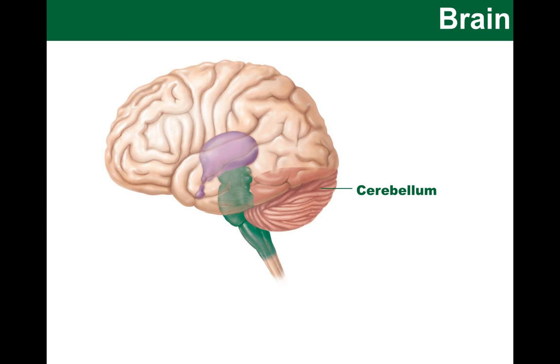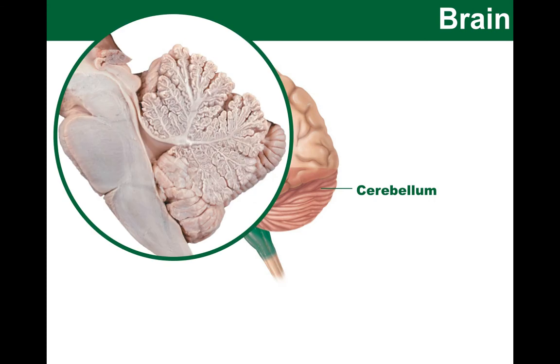This is an important site of movement and balance control. Another thing that I want to mention is that if we look inside it, we see this tree-like structure, right? This is called arbor vitae. If translated word for word into English, this means tree of life. Quite an impressive structure, isn't it?